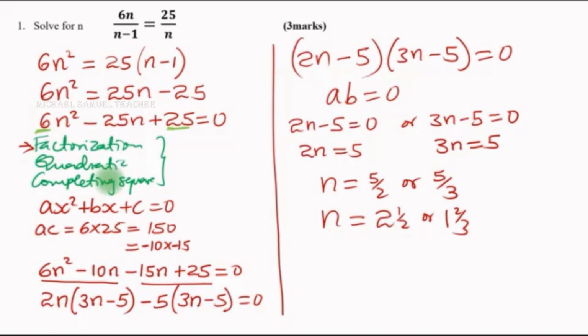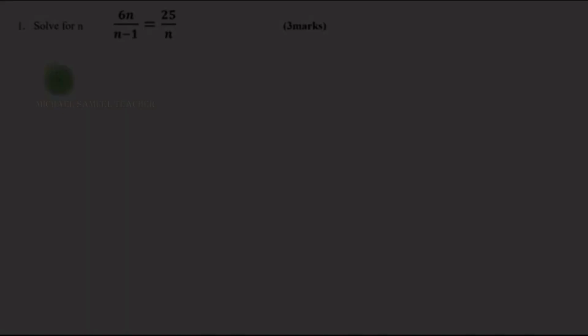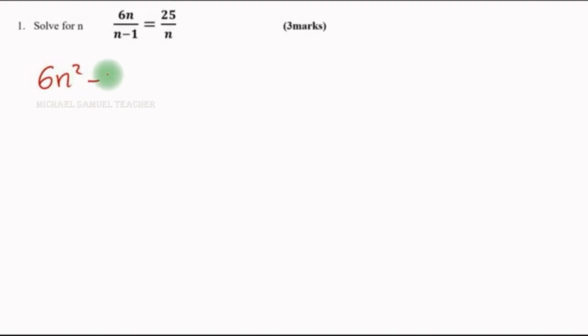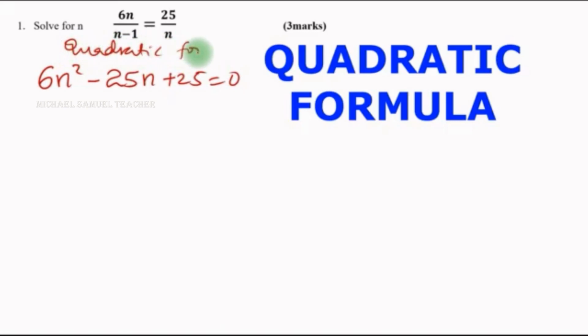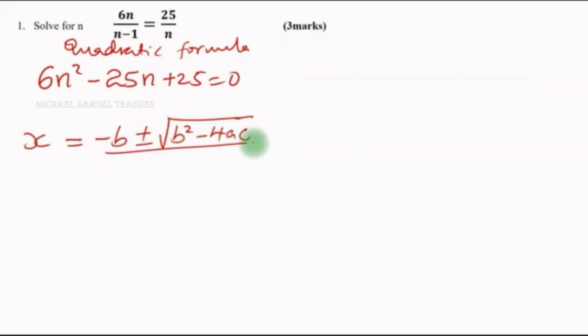The other method is the quadratic formula. I already have this, so I just write this. That is 6n squared minus 25n plus 25 is equal to 0. Now in my case I am using the quadratic formula. So the quadratic formula is x equal to minus b plus or minus square root of b squared minus 4ac, all over 2a. So in our case, x is actually n.